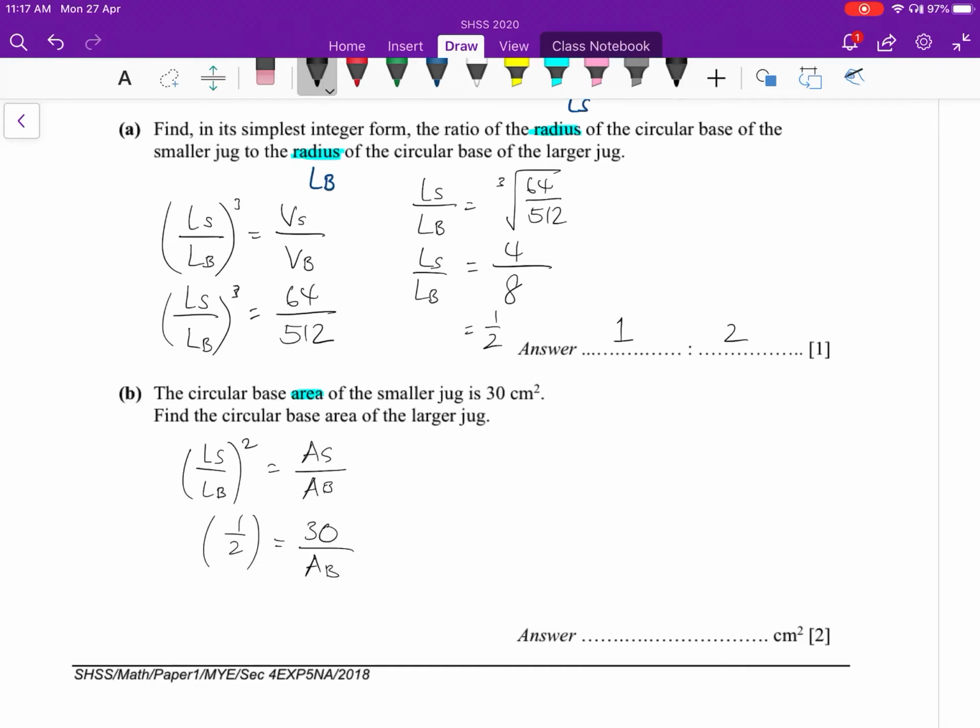So this is half squared, because length of small over length of big is 1/2. I'll get 1/4 equals 30 over area of bigger. Cross multiply. Area of bigger is 120 cm squared, and I'm done.